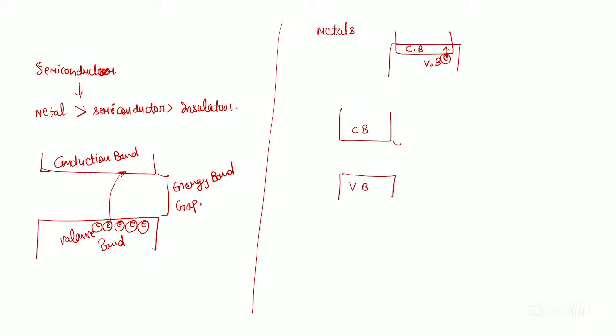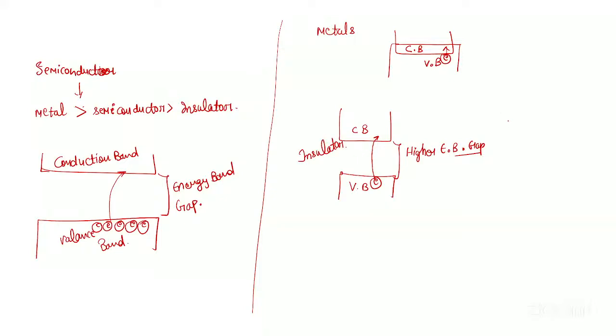For insulator, this energy band gap is very large in comparison to the metal. So here we can write higher energy band gap. Due to the higher energy band gap, it requires a lot of effort to make the electron jump into the conduction band, and that is not possible. So that is why the conduction in insulator is negligible.